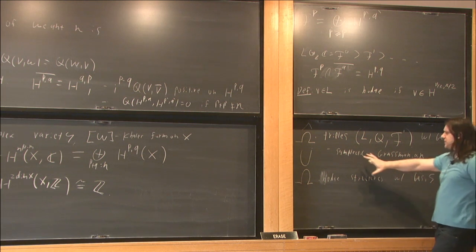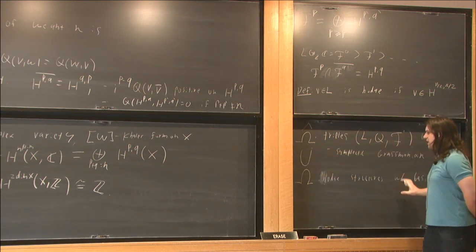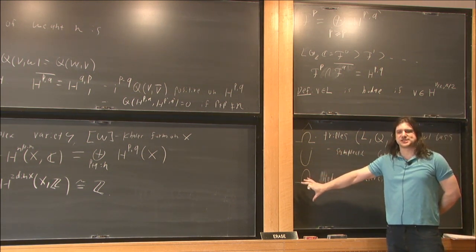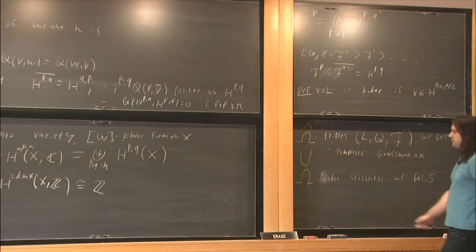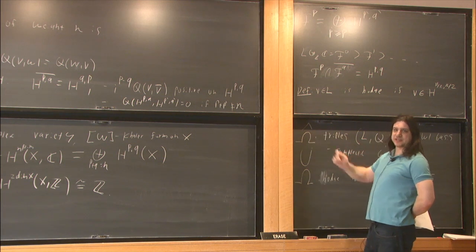OK, cool. So this is sort of familiar to the setting of Shimura varieties, where we have some symmetric space, and there's an open subset with its compact dual, which is some actual projective variety. For example, this could be the upper half plane, in which case this is just the projective line.